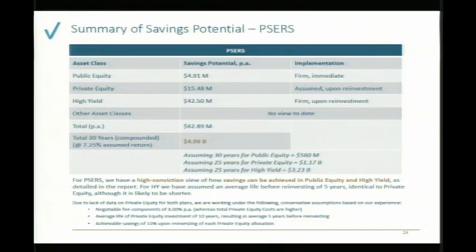Therefore, when these mandates come to expiry, we believe there is a lot of room to renegotiate. We think there's almost 42 million of renegotiation potential on an annual basis in that asset class alone. Taking those various assumptions together, we believe that PSIRS has the potential of saving up to 4.96 billion over the 30-year time horizon.